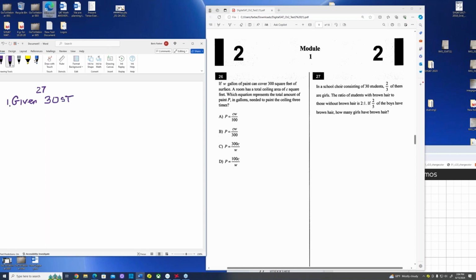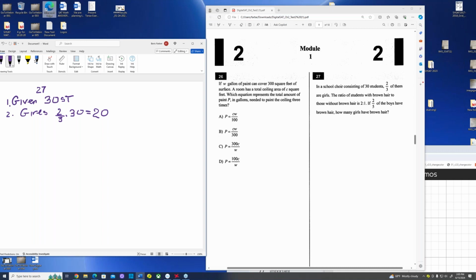Usually read this line by line. Girls, 2/3 of them. Of means multiplication. 2/3 of 30. 3 goes into 30 10 times, times 2, 20 girls. So far so good. Next line.